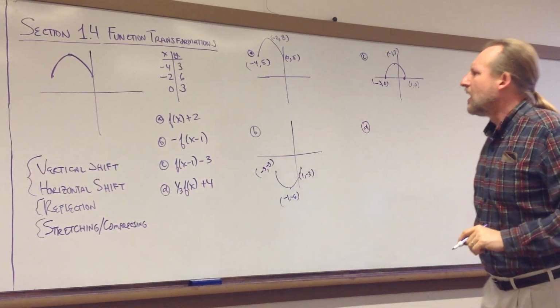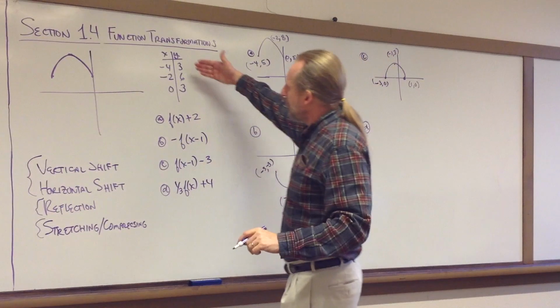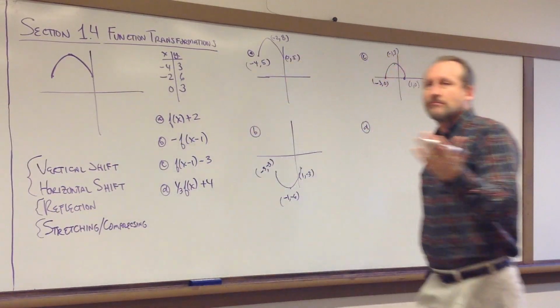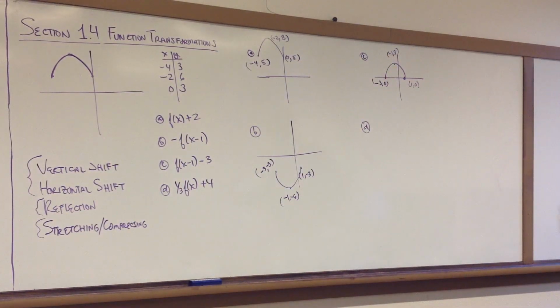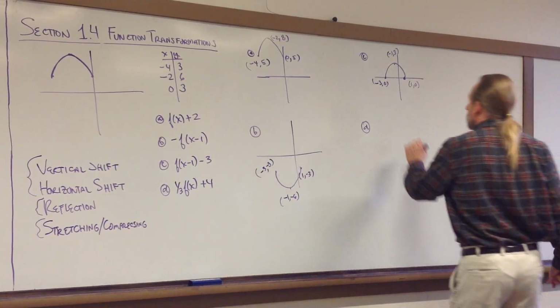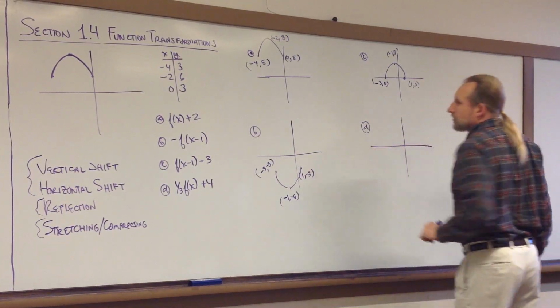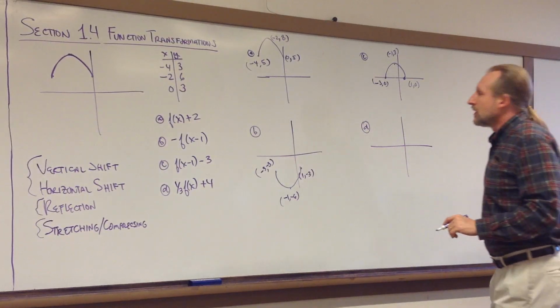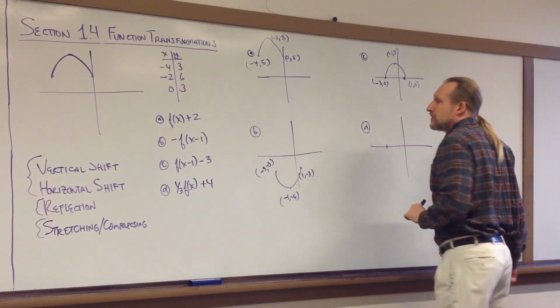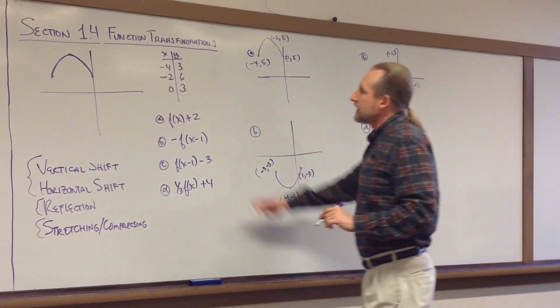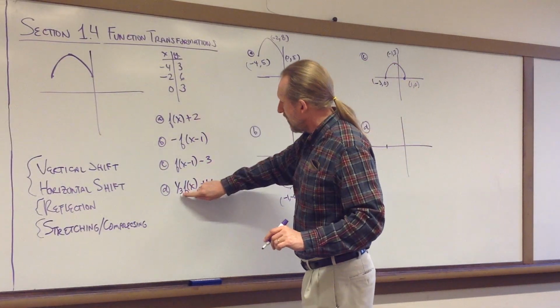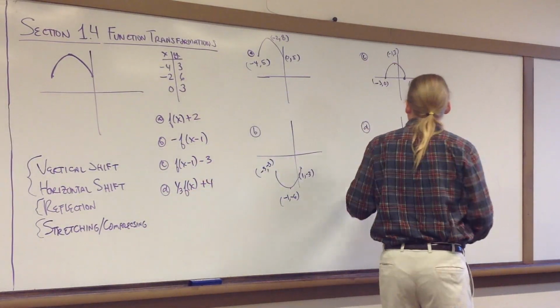And the last one, 1/3 of f of x is going to divide all of them by 3. So it'll be 1, 2, and 1. But then we're going to add 4 to them. Okay? And this is all in the y values. So we're still going to have this x value of -4. But then this will be 1. And then add 4 to it will be 5.